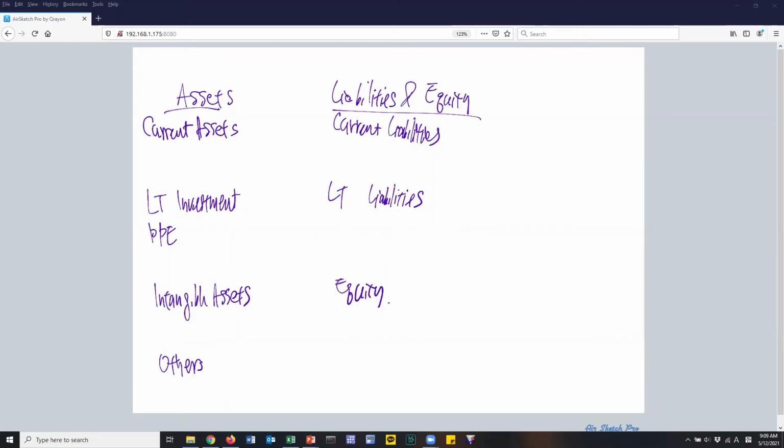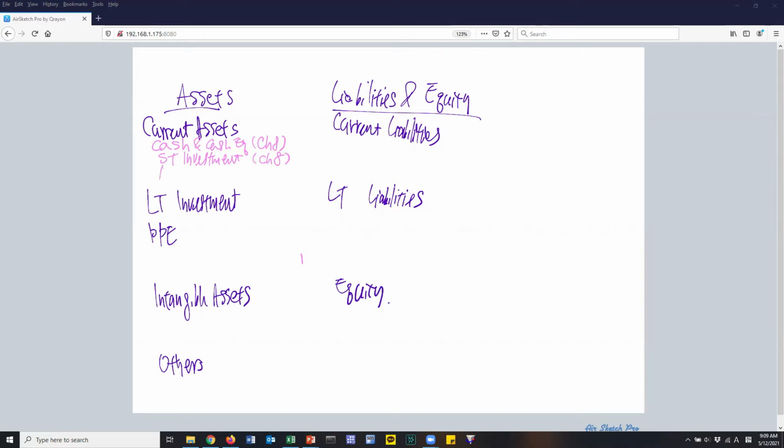And under the current assets, we've seen cash and cash equivalents. In chapter 8, we've seen short-term investments. We didn't study them much, but slightly have seen some examples.